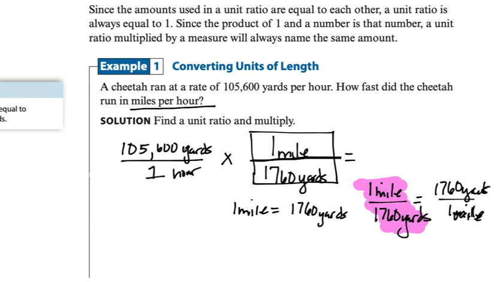So now that I've got my units to agree, when I'm done with this math, I'm going to be totally in miles per hour. And so if I go through with it, I multiply across, I get my 105,600 at the top, miles, right, per 1,760 hours. You see that little change that happened? By canceling out the yards, I created this new situation, which is true, but this is also inconvenient.